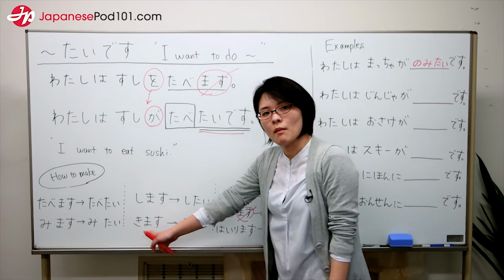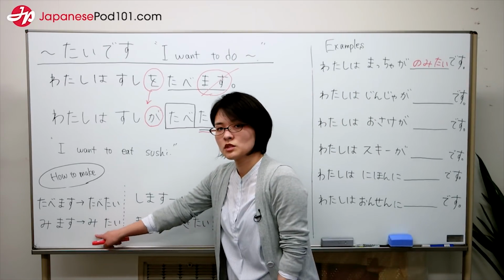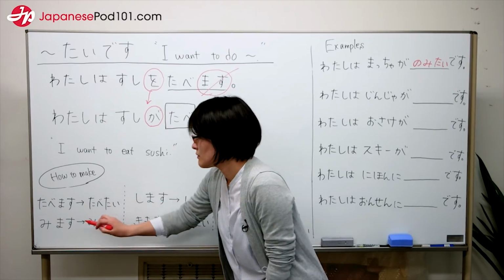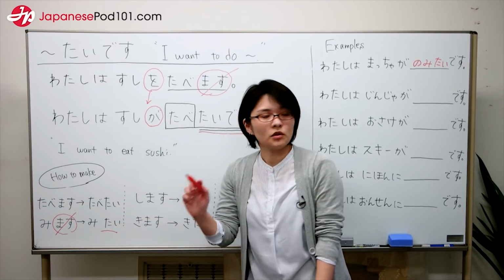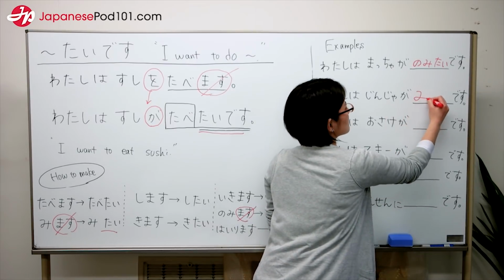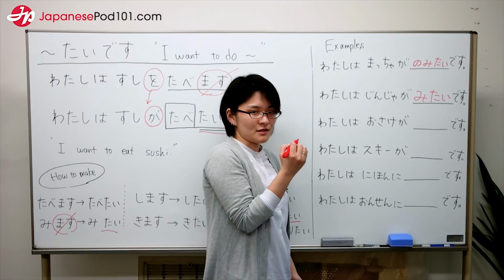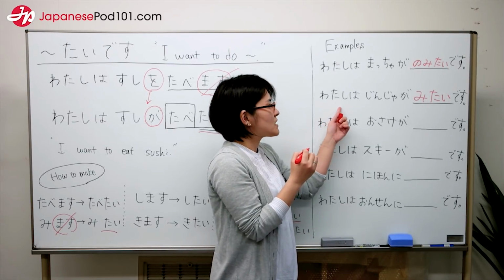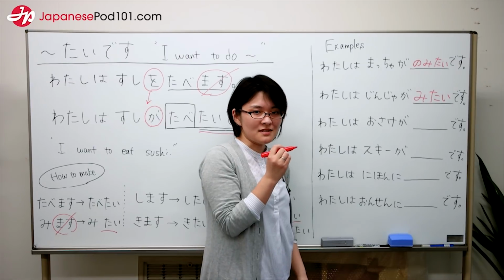So can you find 見ます here? Here. So the same rule. Get rid of ます and add たい. So you get 見たいです altogether. 私は神社が見たいです. I want to look at shrines.